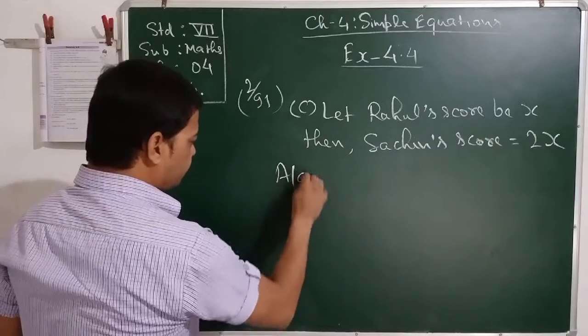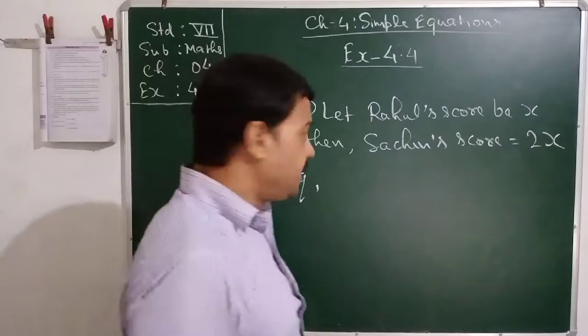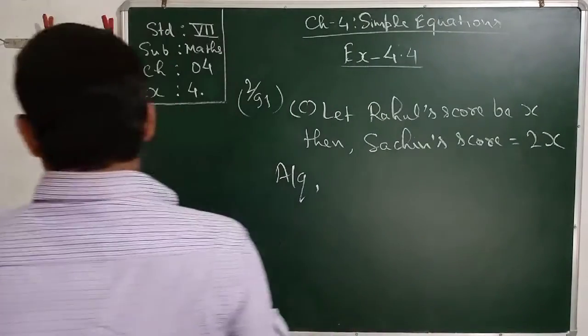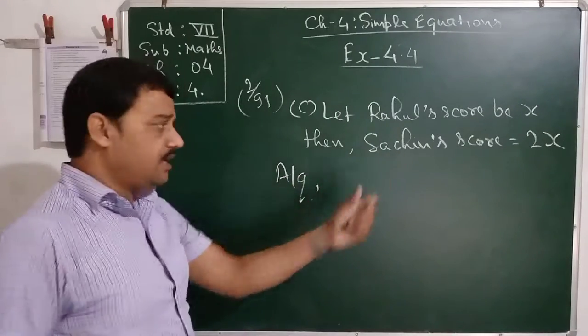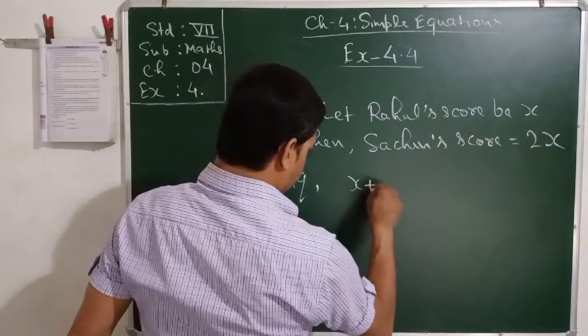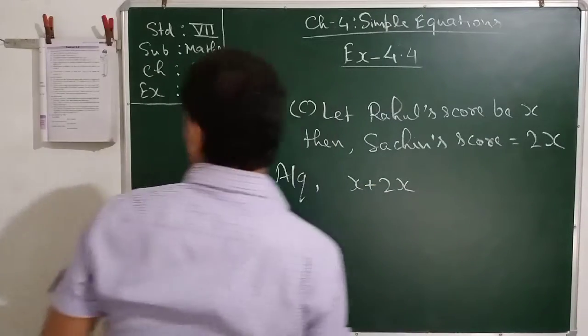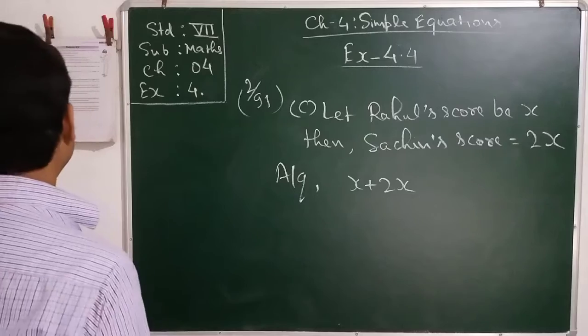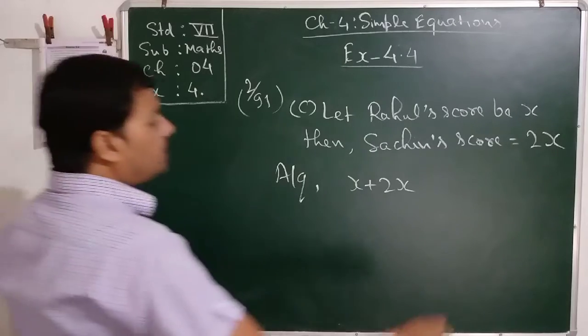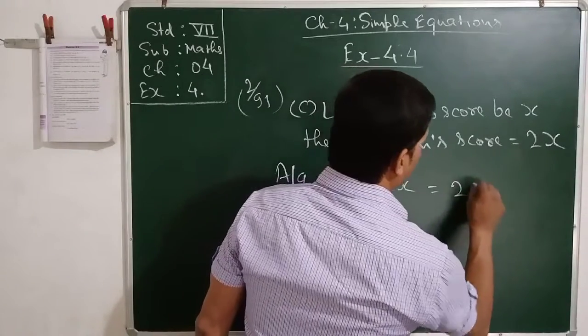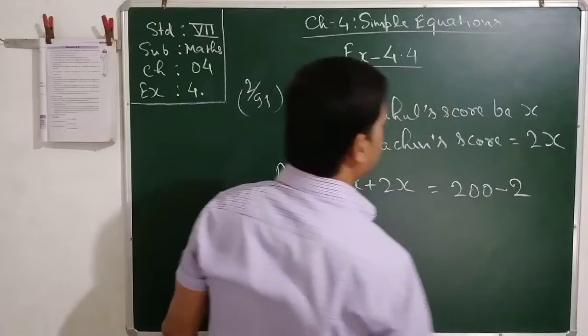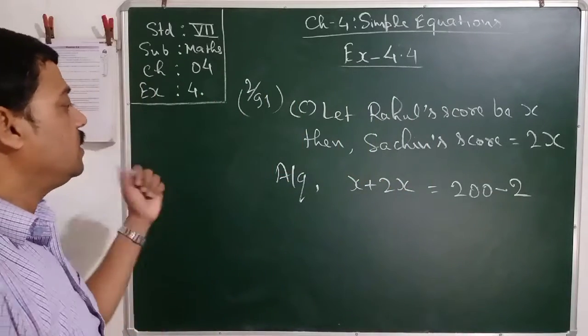According to the question, the sum of their runs, that is x plus 2x, fell too short of a double century. So double century minus 2 is the sum.